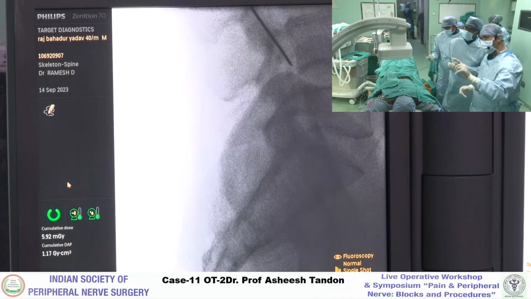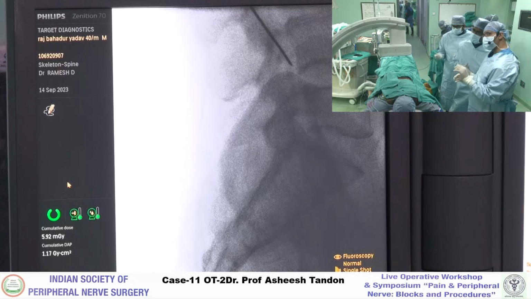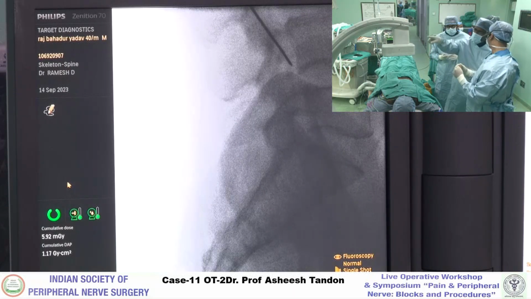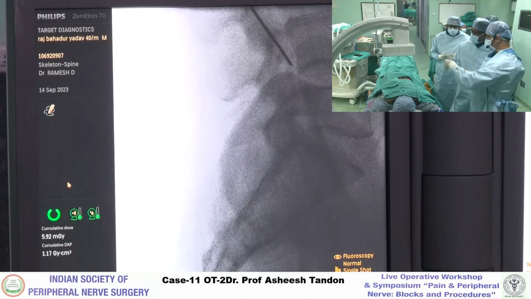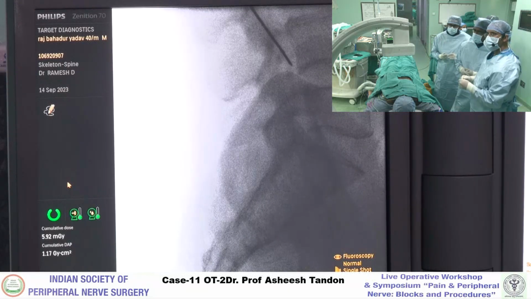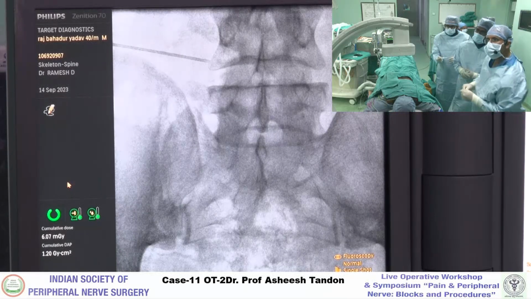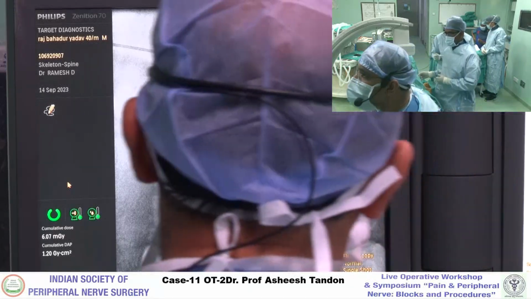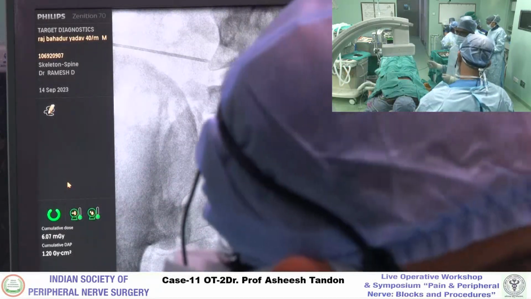So on AP, it is always the lower part, the lower end plate of the upper vertebra. Shoot please. Dye please, sister. Yeah, I think with the stylet you can push a little more inside. A little more.